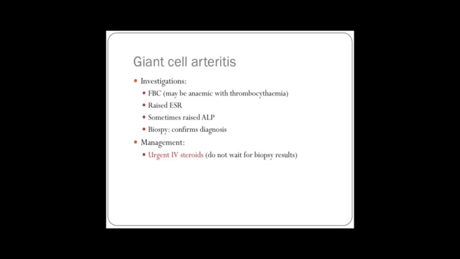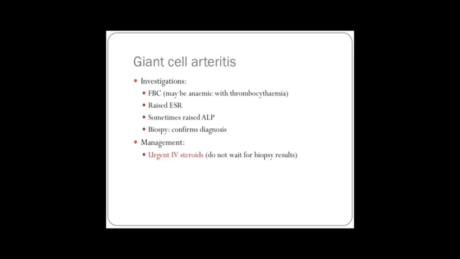Now, the key investigation initially is to look at the ESR. Usually, but not always, the ESR will be raised. The patient can still have giant cell arteritis with a normal ESR, but if they have a raised ESR, then that's quite suspicious. And then you also want to look at the full blood count to look at the level of platelets and the hemoglobin.